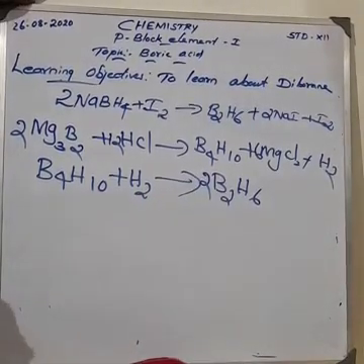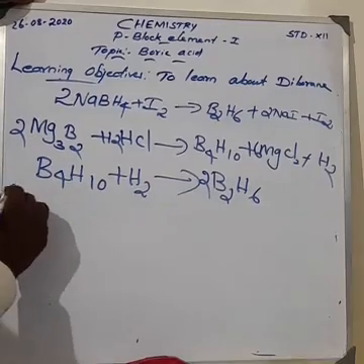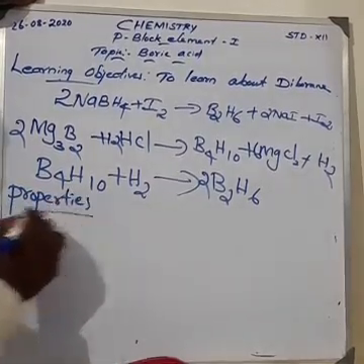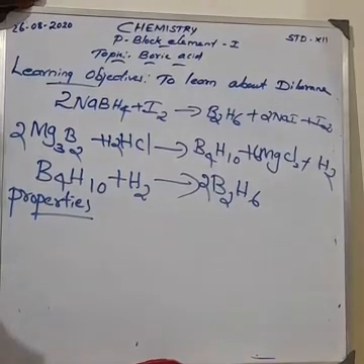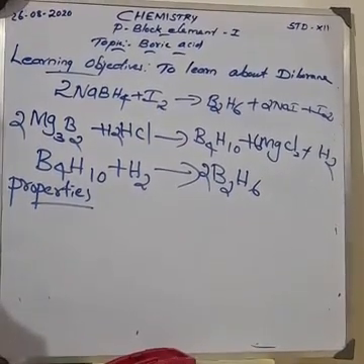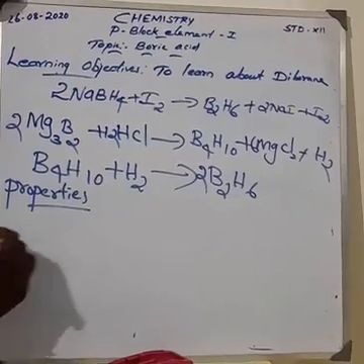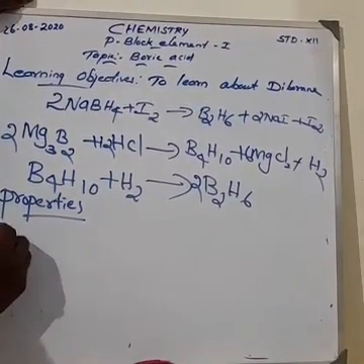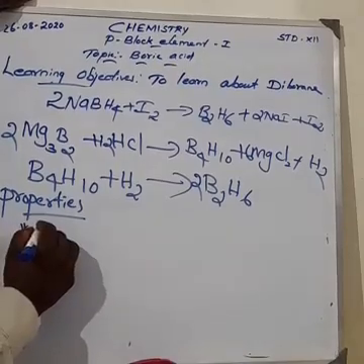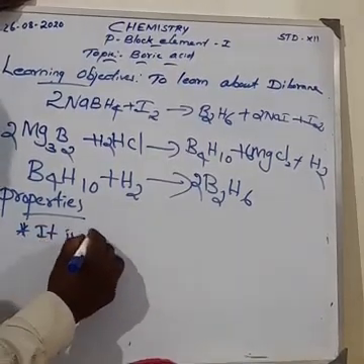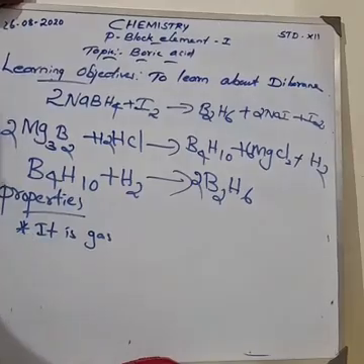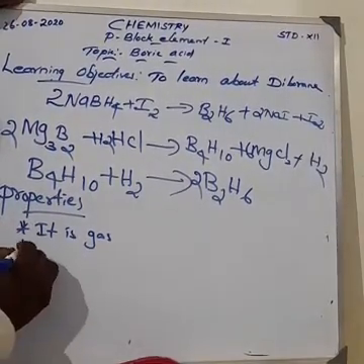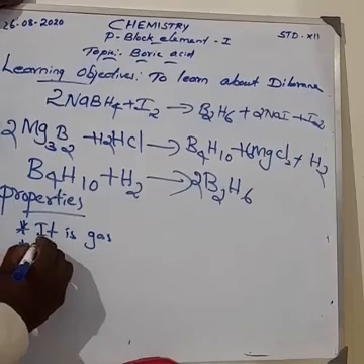About the physical properties of diborane. It is a colorless diamagnetic compound with low thermal stability. Second, it is a gas at room temperature, with a sweet smell.